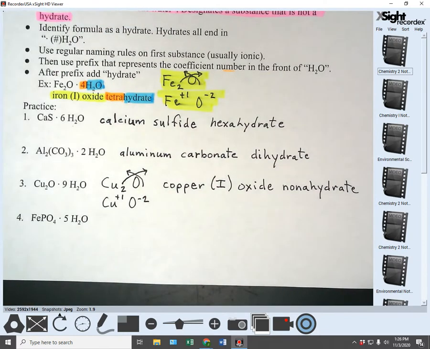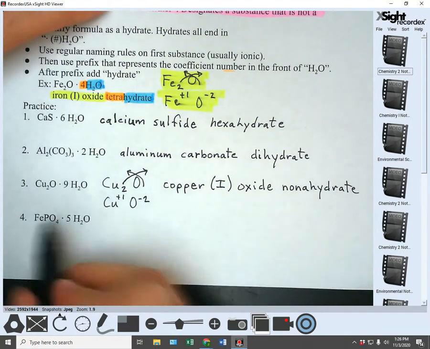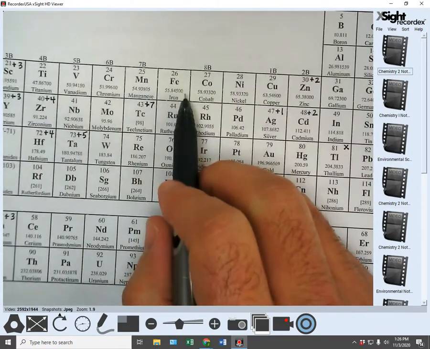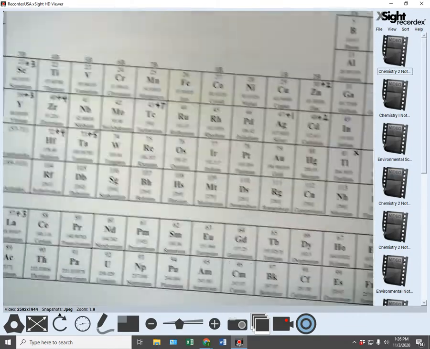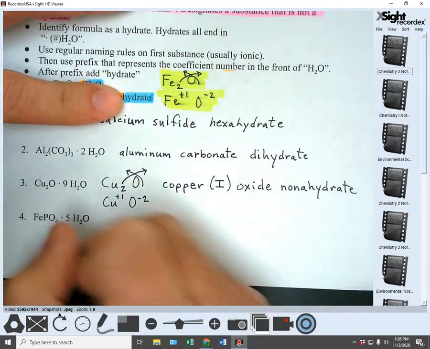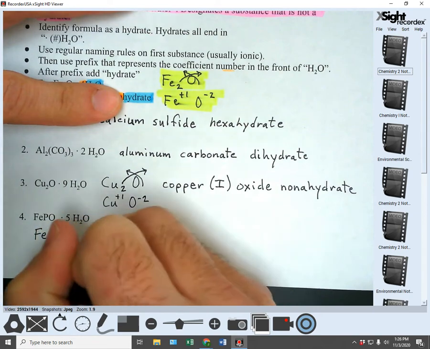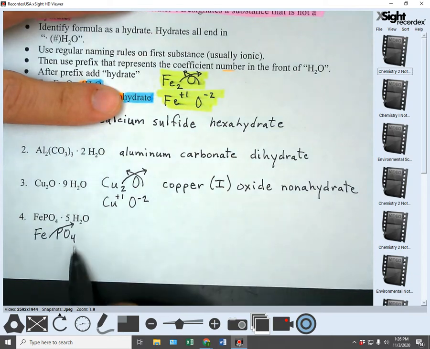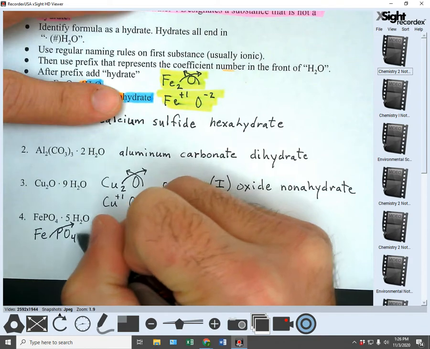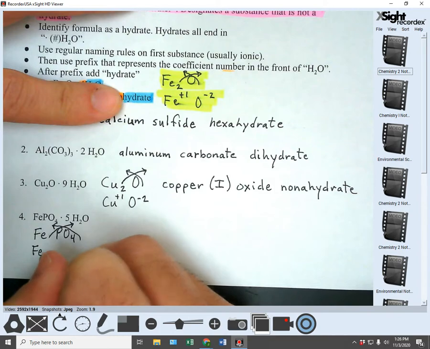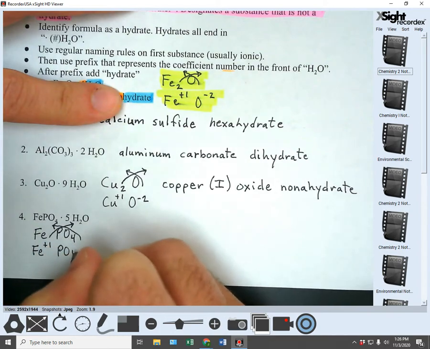Okay. All right, last one. FePO4. As you probably guessed, this one is going to have more than one. Fe. Don't know the charge, so we need to figure out the Roman numeral for it. So I'm going to do it down here so I don't take up all the room. Now remember, if it's a polyatomic and there's no parentheses, you don't bring up that number. You bring up a 1. So we're going to have Fe +1, PO4 -1.